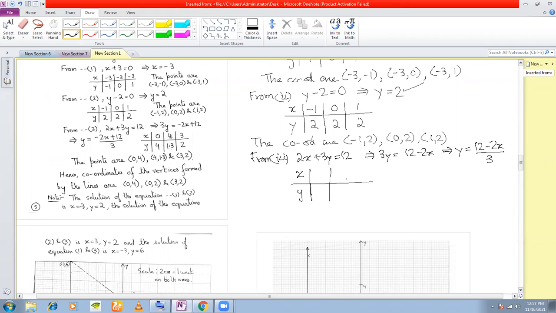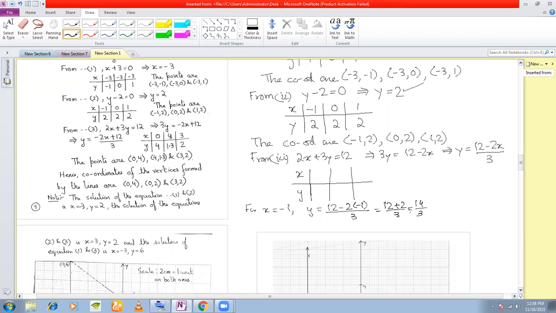Now here the values of y will depend on what value of x we take. Okay. So first one, for x is equal to say -1, what is the value of y? (12 minus 2 into minus 1) divided by 3. How much will it give you? 12 plus 2 by 3, a fractional value, 14 by 3.